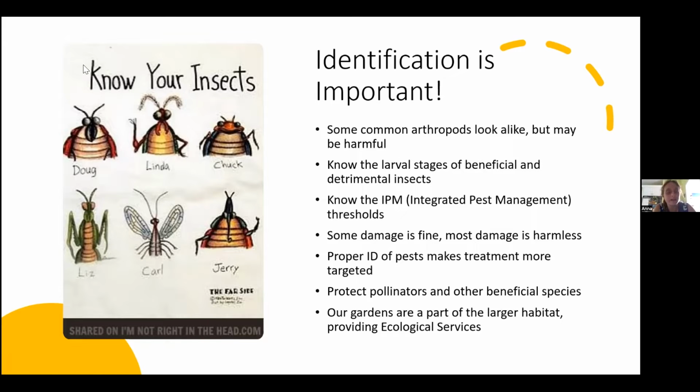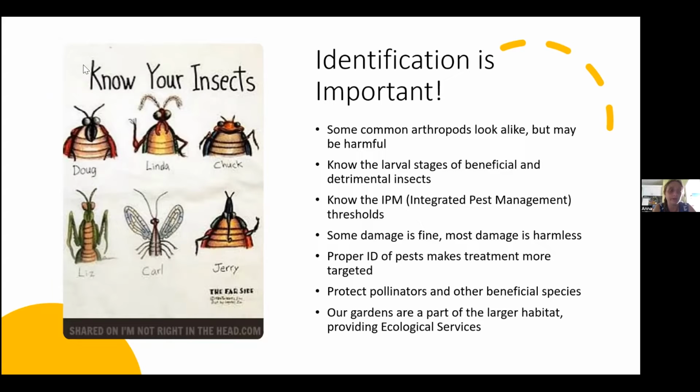The proper identification of pest insects especially makes treatment more targeted. Not every insecticide at the garden center, and that goes for organic or chemical controls, conventional controls, they don't all work on every bug.